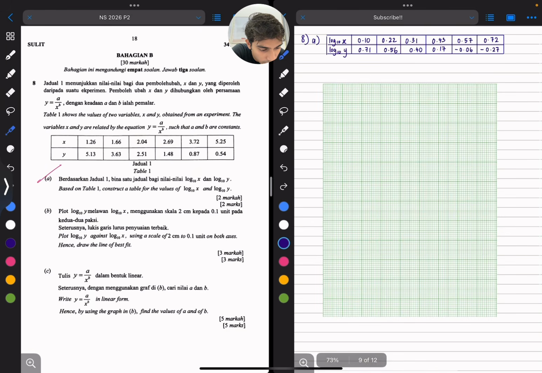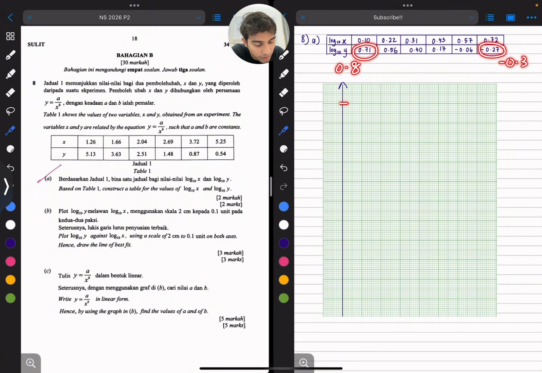Let me draw more accurately. If we need from negative 0.3 up to 0.8, let's try 0.8, 0.7, 6, 5, 4, 3, 2, 1, 0, negative 0.1, negative 0.2, negative 0.3. Okay, perfect. So 0 will be here.